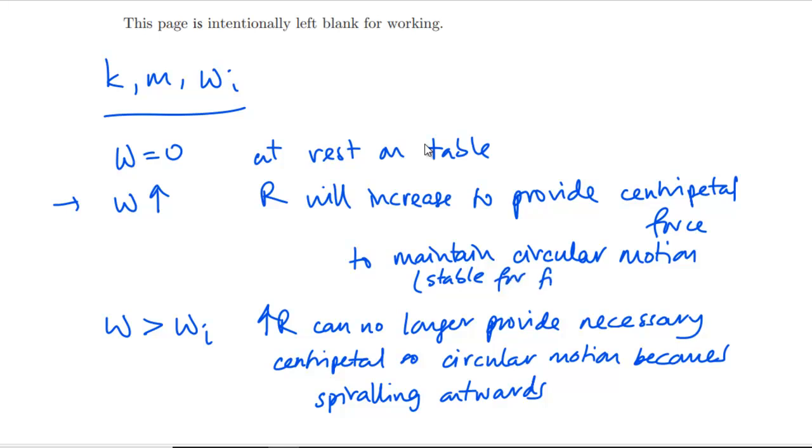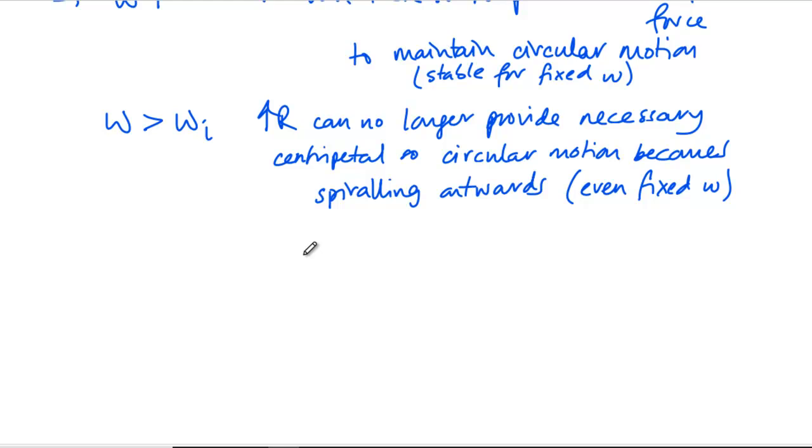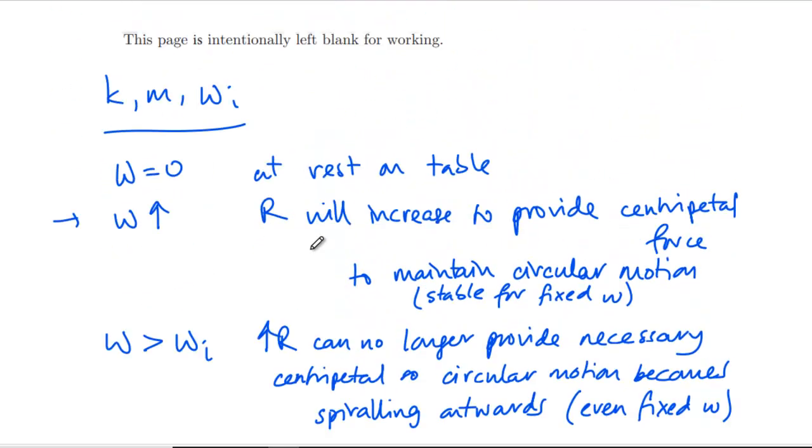The trouble is, if you keep a fixed omega which is above this omega I, it's not going to be stable. It's going to be spiraling outwards, trying to find a force that will make the circular motion possible, but it won't be able to find it.